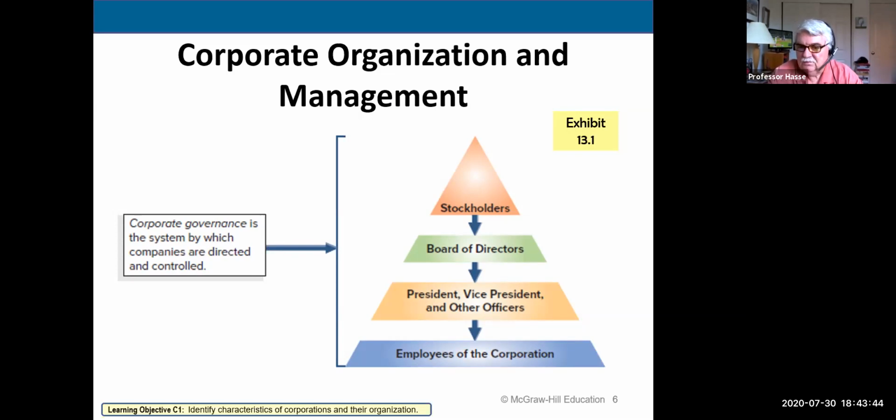The stockholders vote for the board of directors, vote who places on them. Usually they're stockholders themselves. The board of directors hires the management team. The management team hires you and I. The stockholders run the show. They're the owners. The stockholders select the board, the board selects the management, management picks the rest of us.